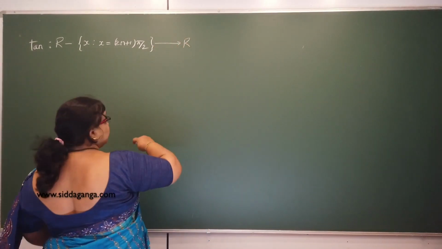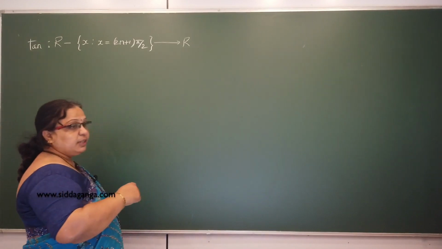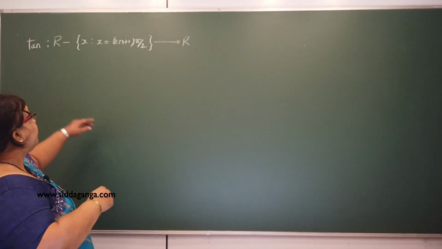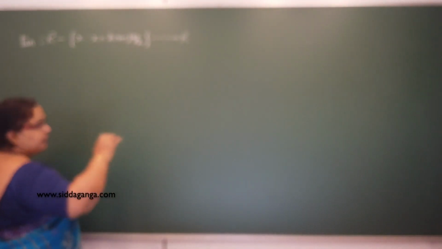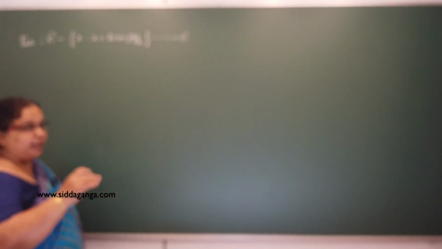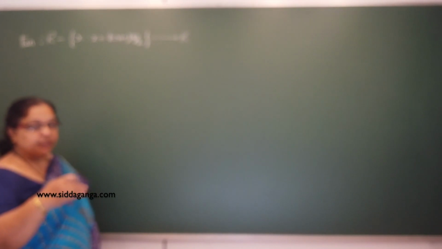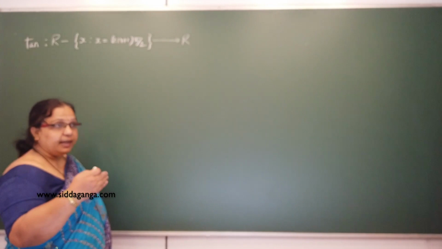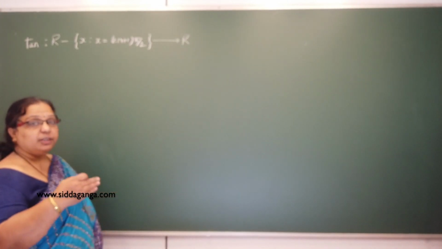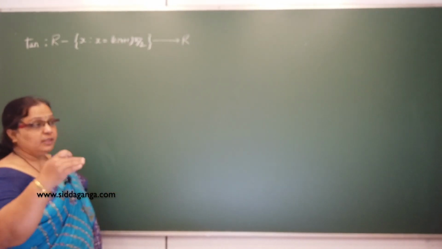Since tan x equals sin x divided by cos x, where cos x is not equal to 0, the denominator becomes 0 at the angles that are odd multiples of pi by 2, and hence tan x is not defined at those angles.